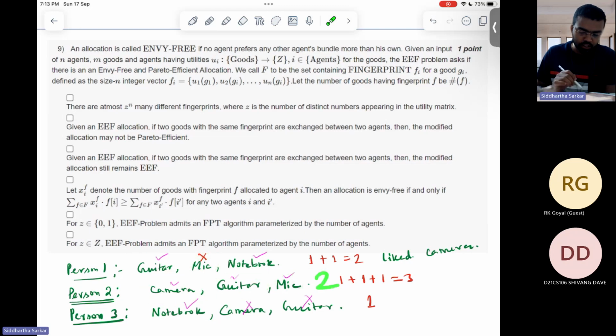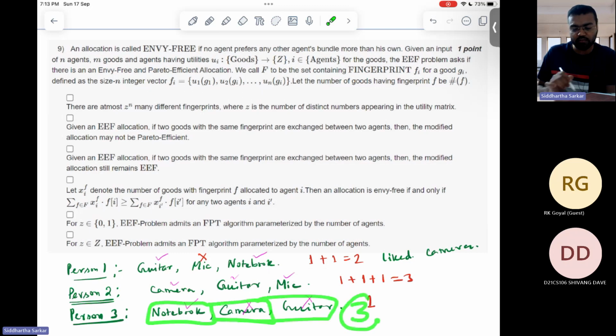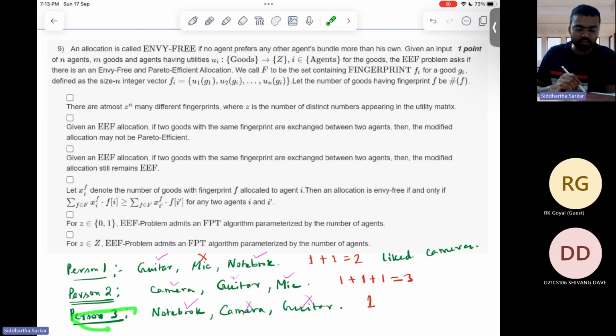So he would have still got 2 utility. But if he were given the bundle corresponding to person 3, he would have got one utility from the notebook, one from the camera, one from the guitar. He would have liked to have this bundle. So he would be jealous of person 3.